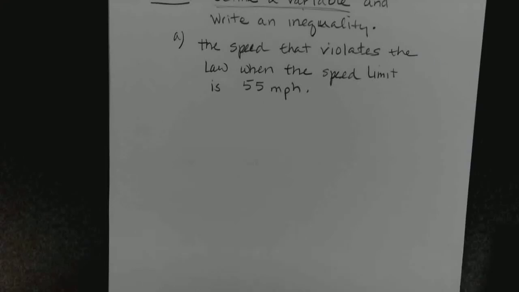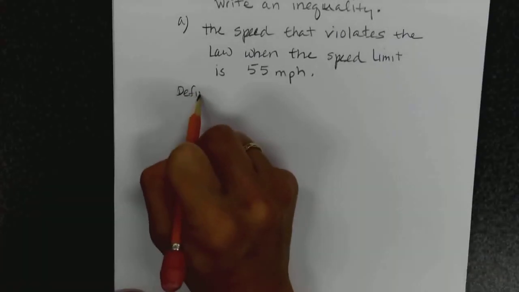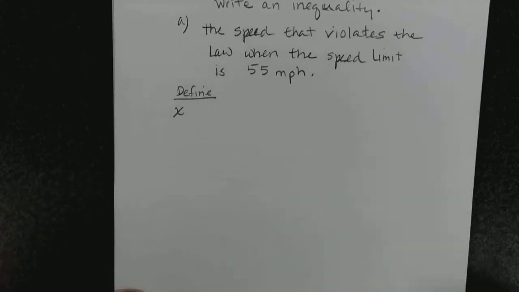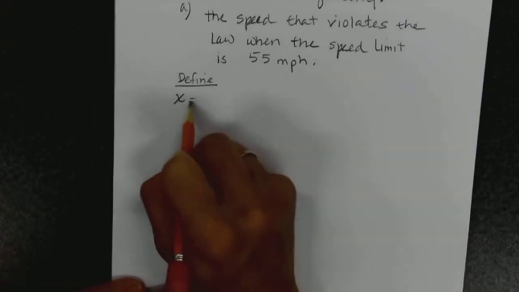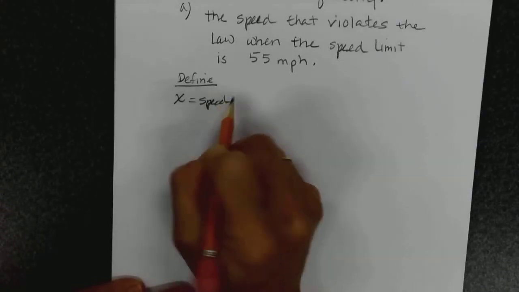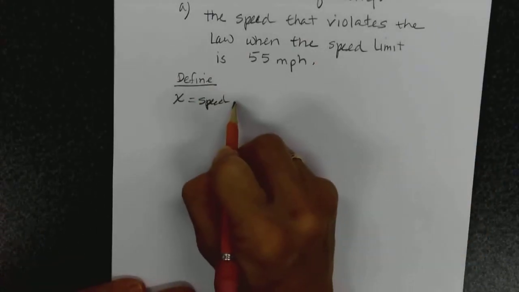Delaney, what letter do you want to use for what in this situation? S? Or did you say X? Okay, so we're going to let X represent the speed that violates the law, right?